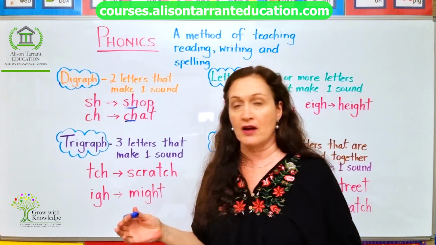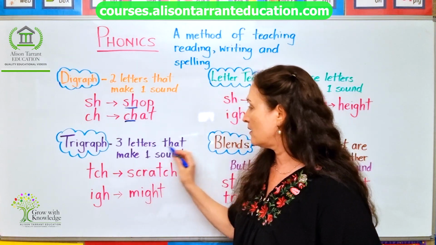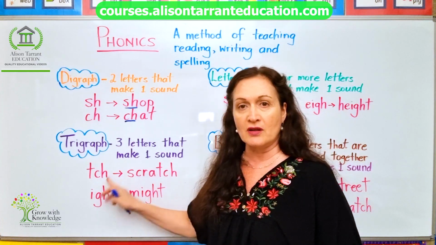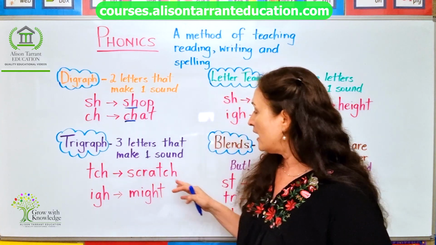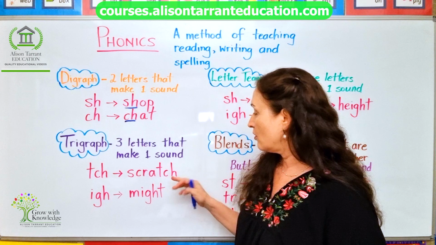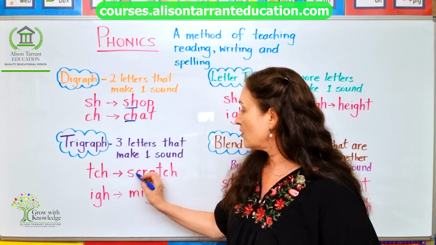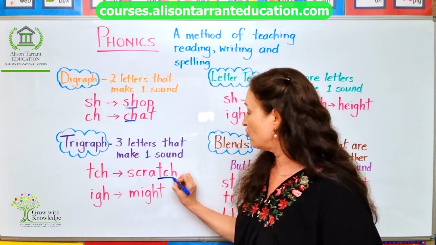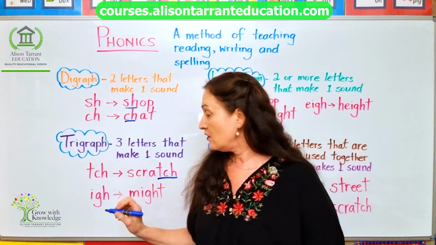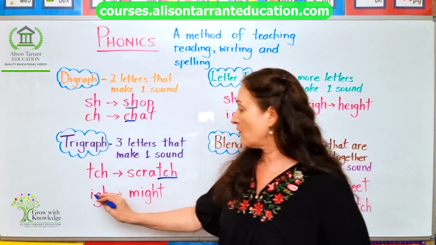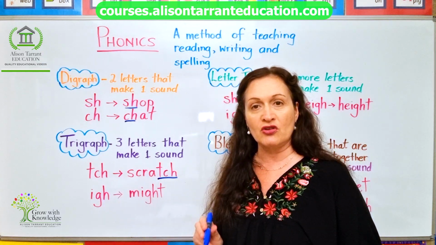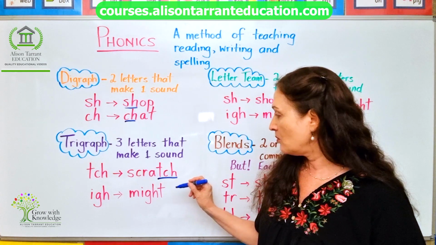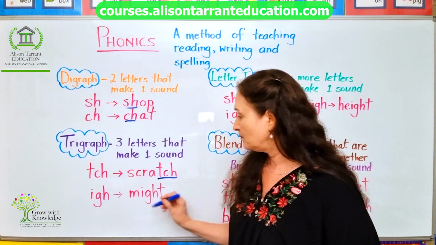Now trigraphs are simply three letters that make one sound. So TCH is a trigraph and it makes the sound ch. So we've got sk, at, ch for scratch. And in this trigraph here we have IGH, which sounds like I. And the example word I'm using here is might.